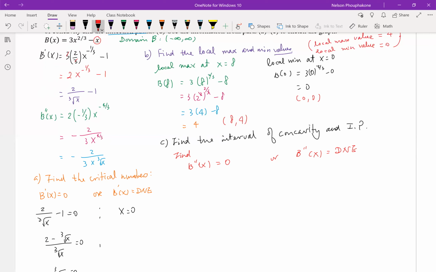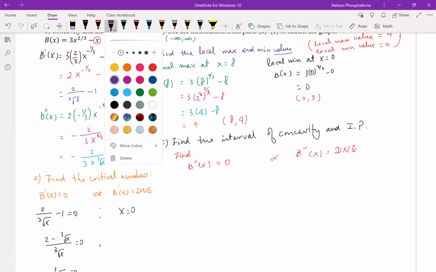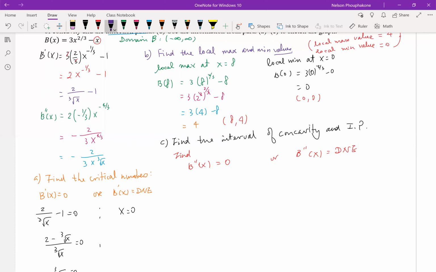Now to this one, b double prime of x is -2 over 3 times the cube root of x cubed. We know that it's only when x equal to 0 that makes b double prime undefined.